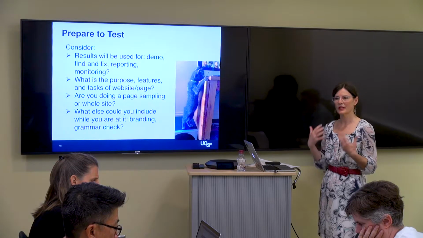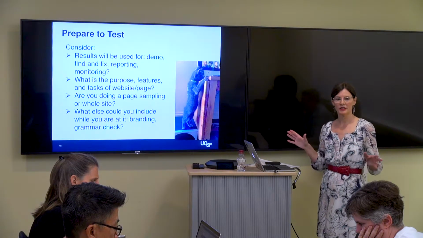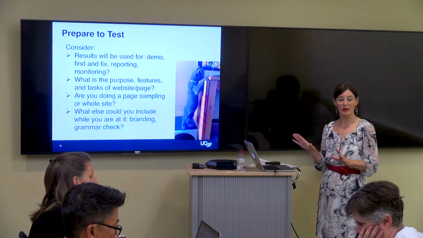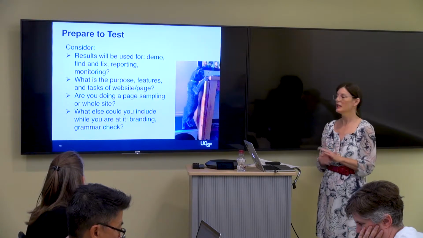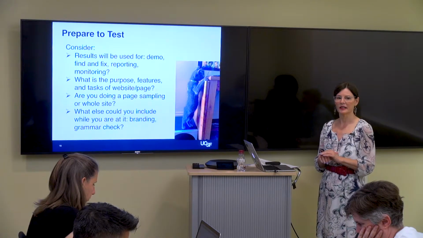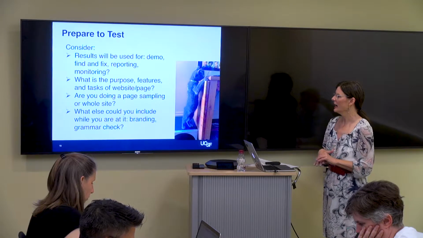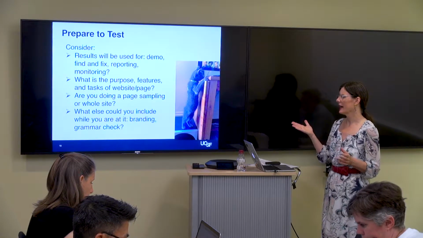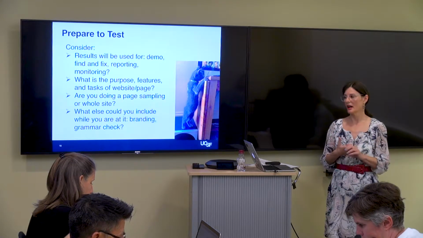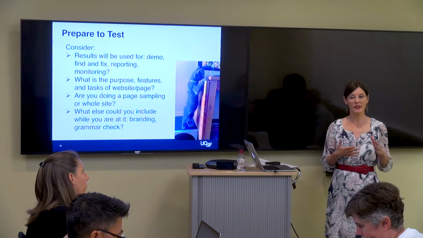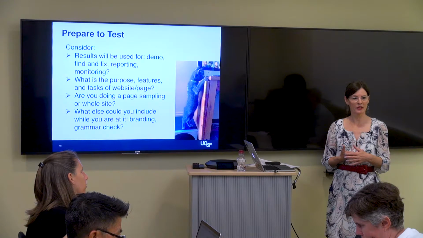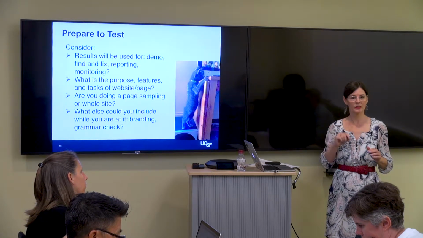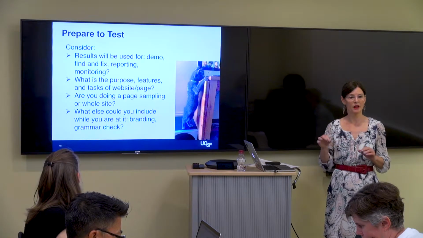A lot of times, if you're trying to fix things, a lot of these tools are just based a page at a time, because it's like find it, fix it. But they're still really, really powerful. What else could you include while you're at it? I say website, but this applies to a lot of things. Maybe check your branding colors, and other things you're going to have to deal with on that website.